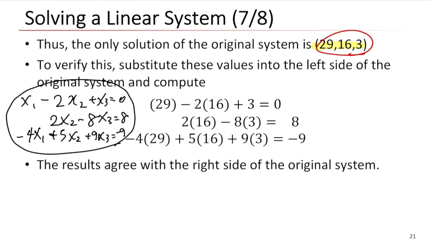This was the original system, and we can substitute these values here, right?